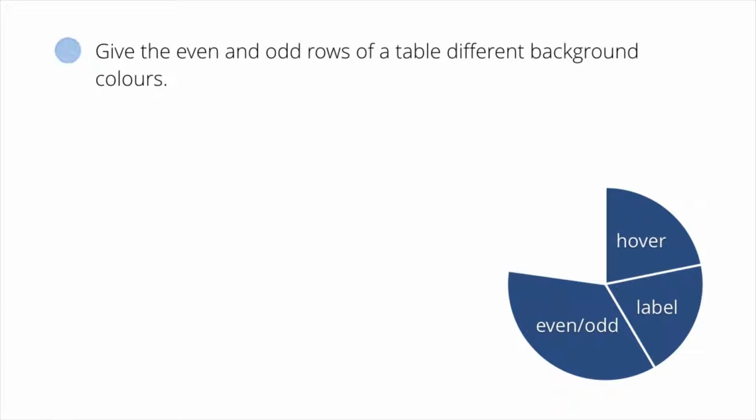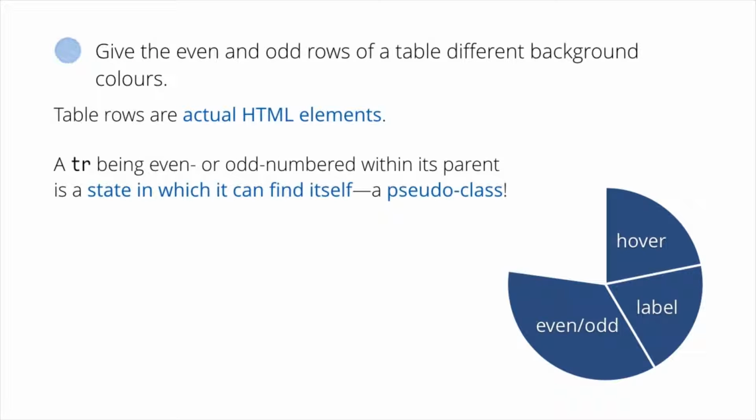Give the even and odd rows of a table different background colors. 36% chose this one. This is the one that really fooled people. This is the bit of CSS3 that I was talking about. But table rows still are actual HTML elements. Them being even or odd in their parent element are states in which they can find themselves.